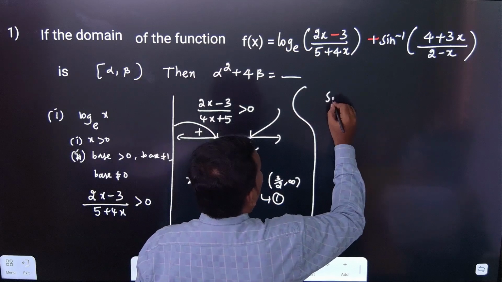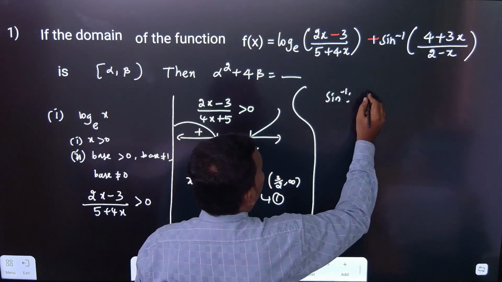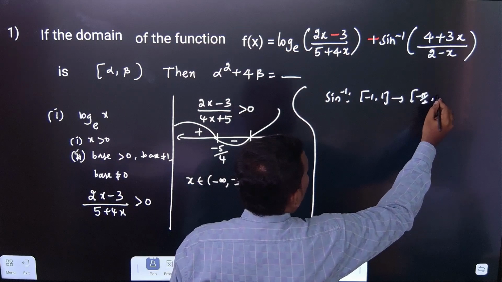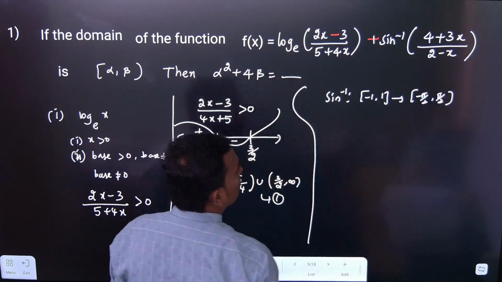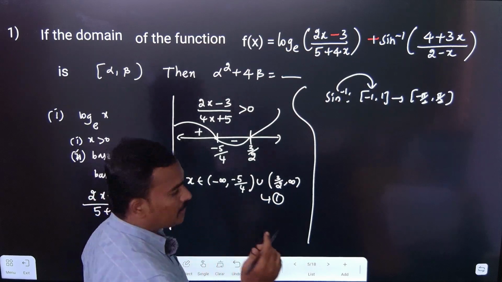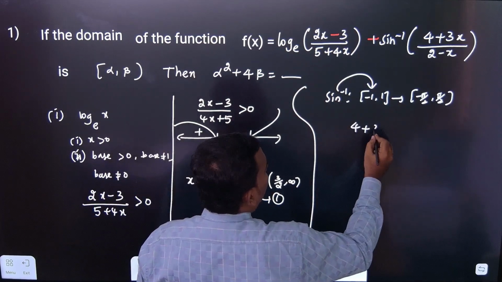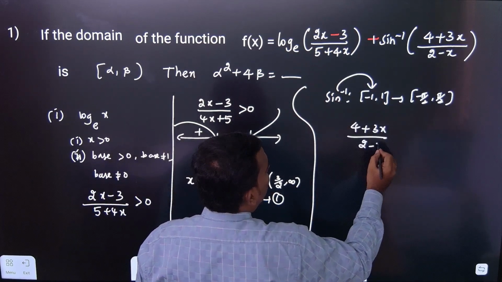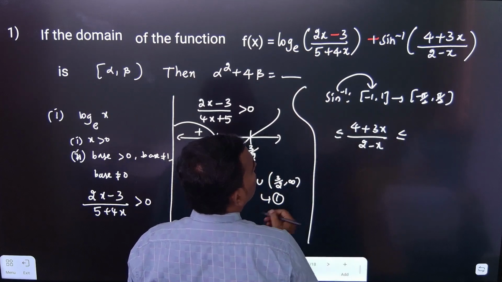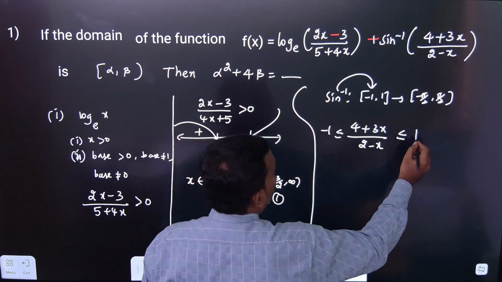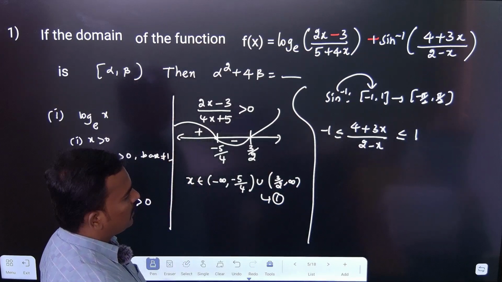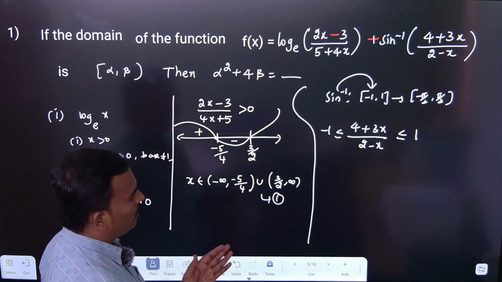You know, sine inverse is a function from [−1, 1] to [−π/2, π/2]. So the domain will completely fall in −1 to 1, right? So therefore (4 + 3x)/(2 − x) completely falls in −1 to 1. Clear?